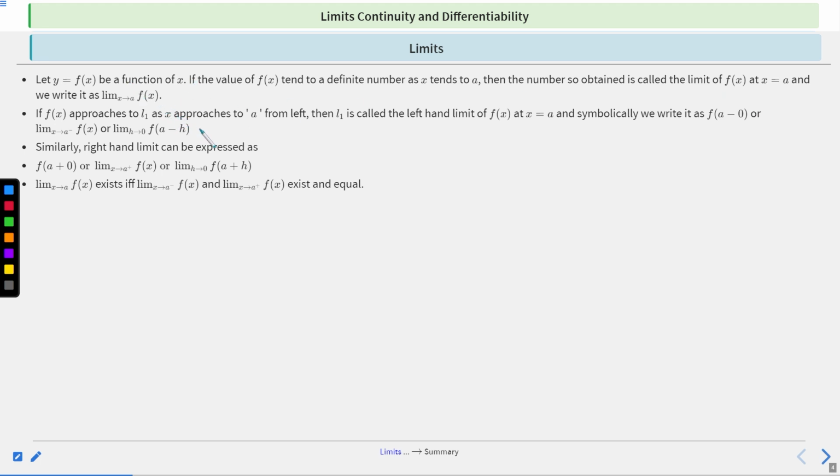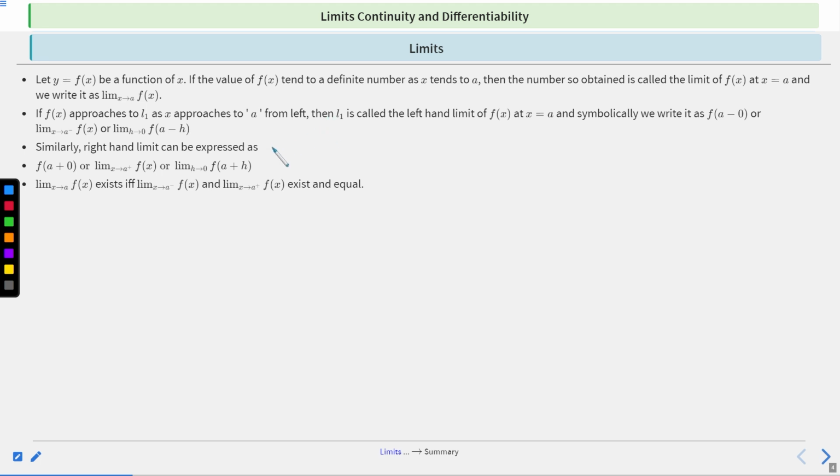If f(x) approaches L1 as x approaches a from the left, then L1 is called the left hand limit of f(x) at x equal to a, and symbolically we write it as f(a minus 0) or limit x tending to a minus f(x) or limit h tending to 0 f(a minus h).